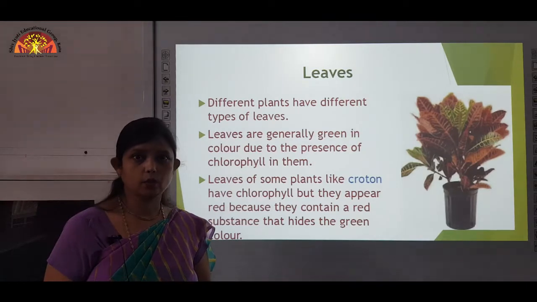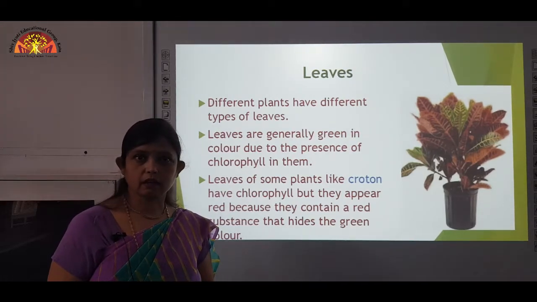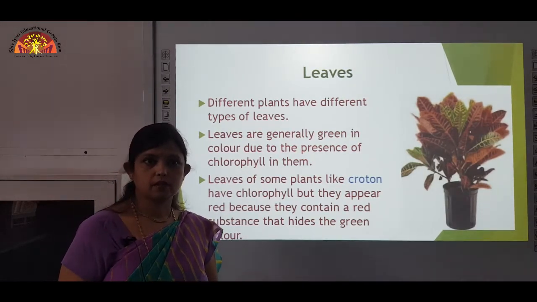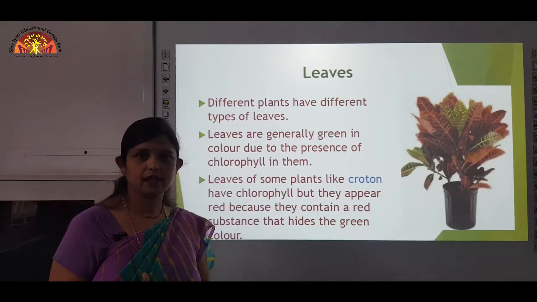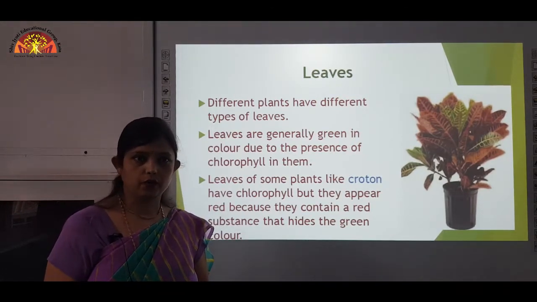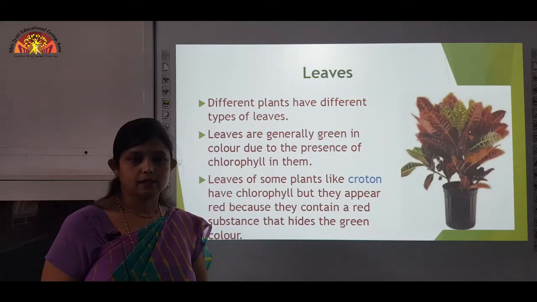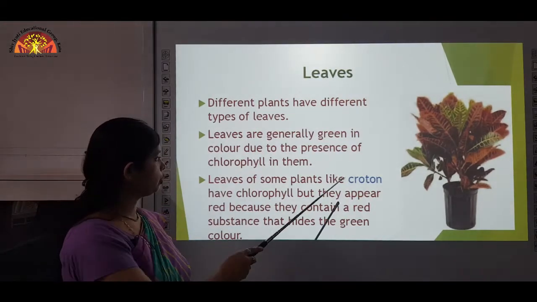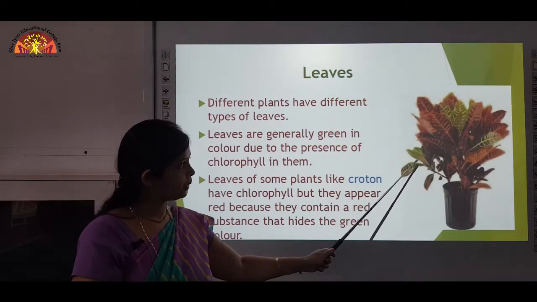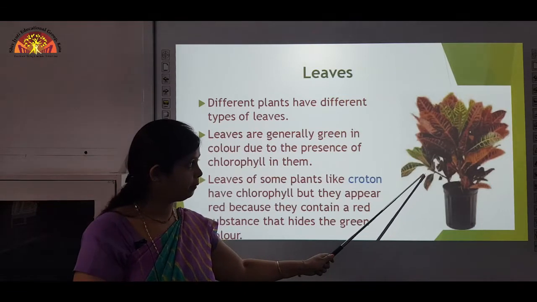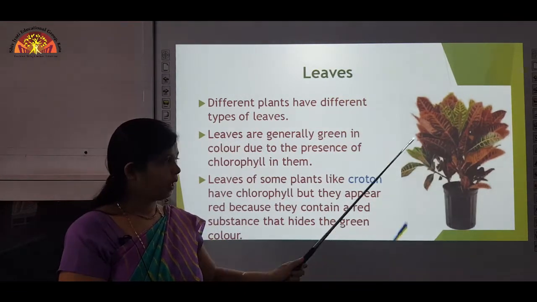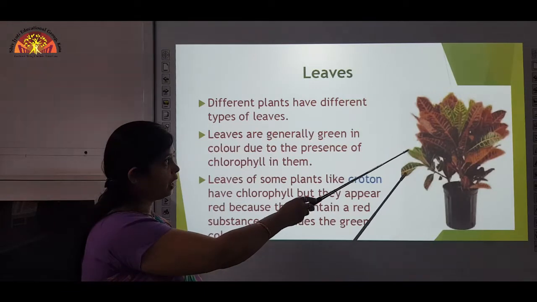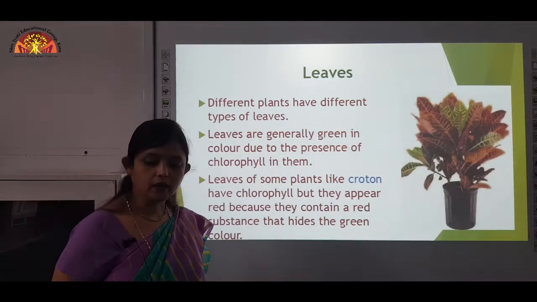And why is this so? Leaves are green in color due to the presence of a green colored substance called chlorophyll. But in some cases, like in the case of the croton plant, as you can see in the picture shown here, some leaves are red in color. Now why do they appear red?